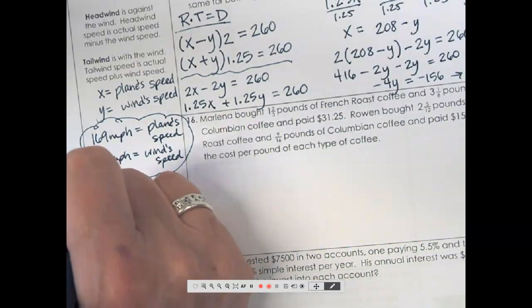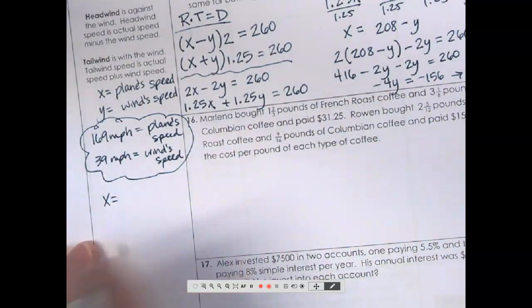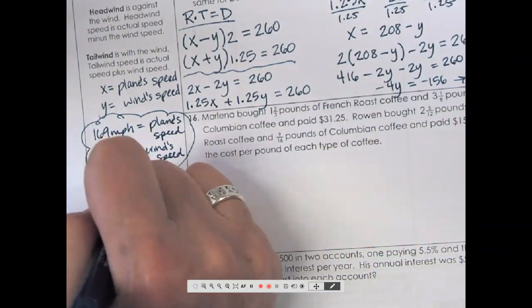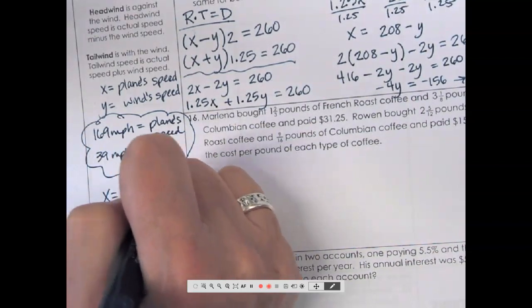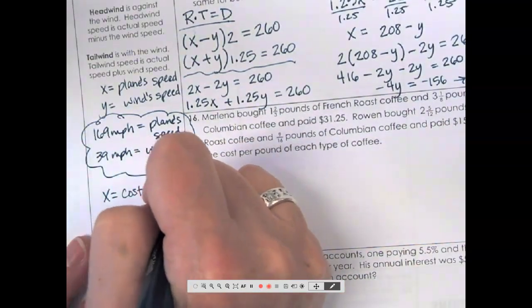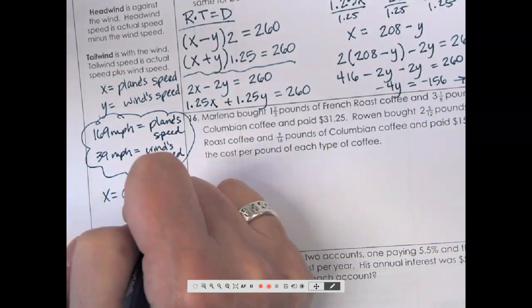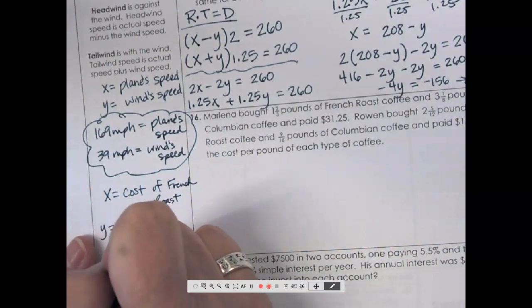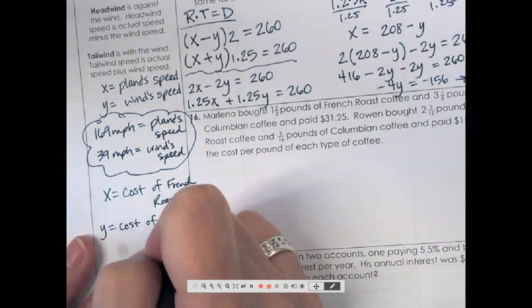Okay. All right, X I'm going to let equal cost of French roast. And then Y will be cost of Colombian.